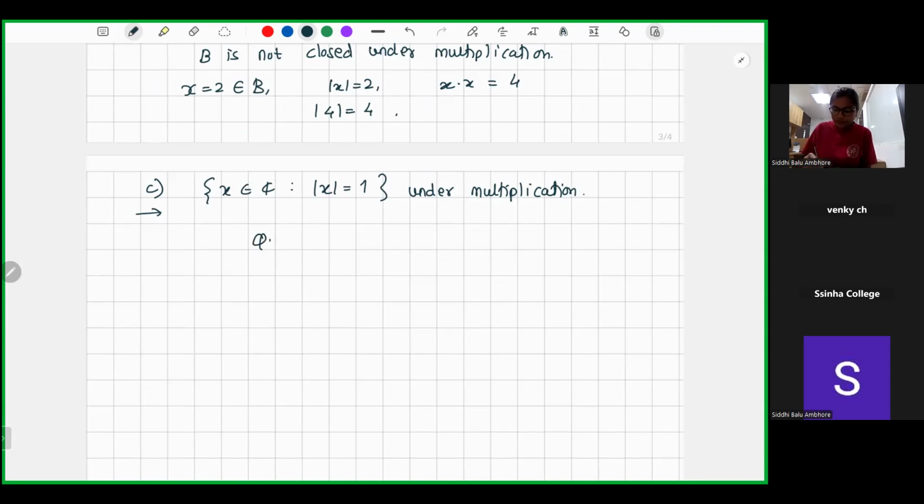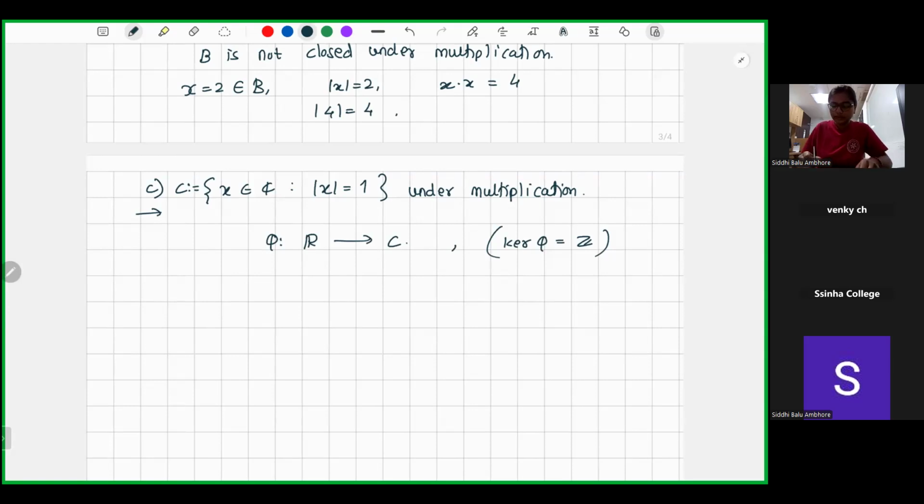Can we produce phi from R to this, let us call this C, such that the kernel of this phi is my Z? Any guesses?